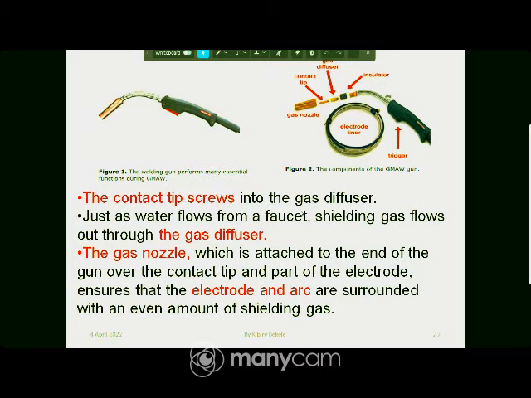It must be screwed to the gas diffuser. Also the gas nozzle, which is attached to the end of the gun over the contact tip and a part of the electrode, ensures that the electrode and arc are surrounded with an even amount of shielding gas.